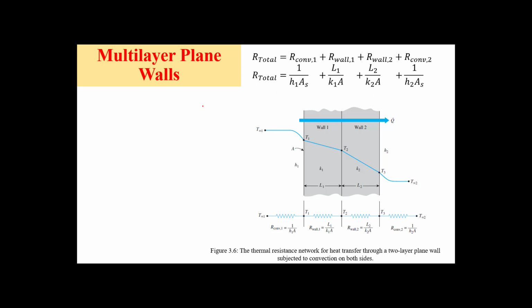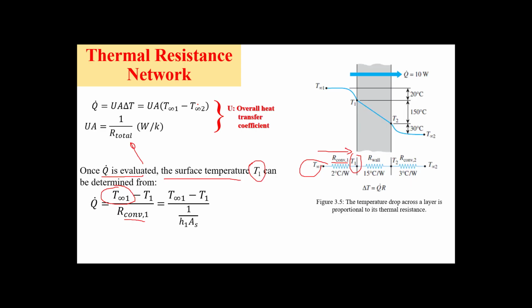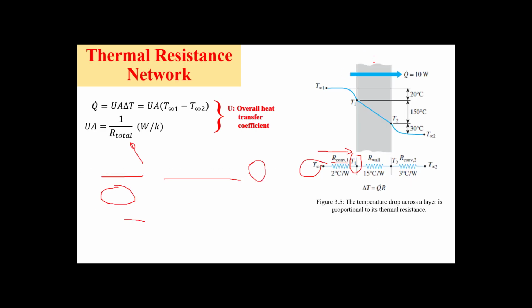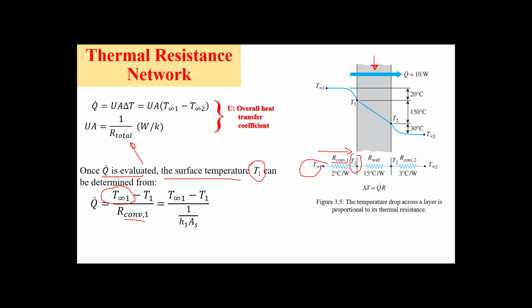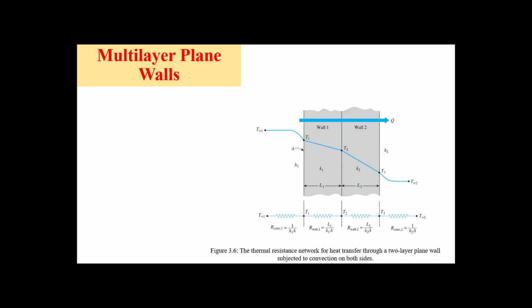In the previous slide, we had only a single wall. What will happen if we have multi-layer? Multi-layer means we have wall 1 with K1, as written here, and another wall made from another material, K2, and this is the arrangement.